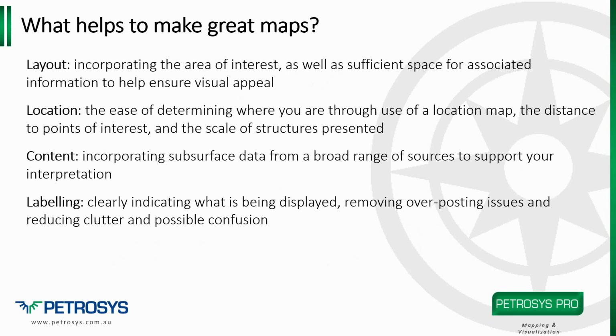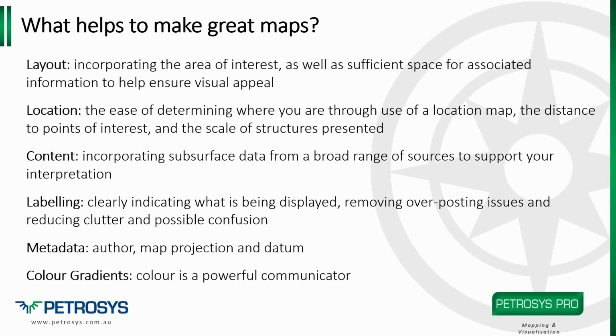Labeling, clearly indicating what is being displayed, removing any overposting issues, and reducing clutter and possible confusion. Metadata, such as the author and map projection and datum. And color gradients. Color is a powerful communicator. You may be familiar with each of these components that together make great maps, but color gradients are something that we have recently spent some time improving.